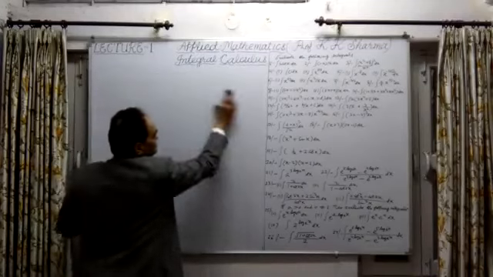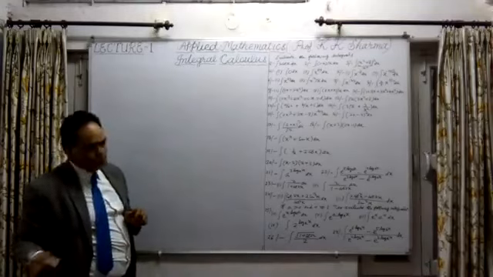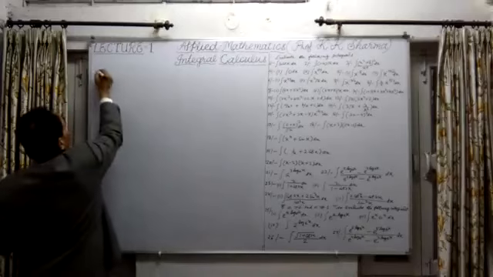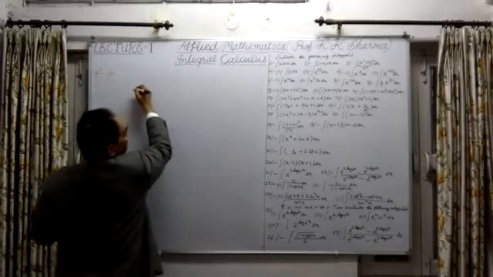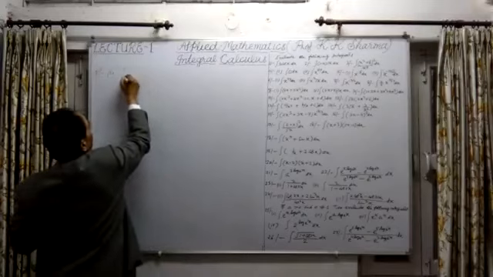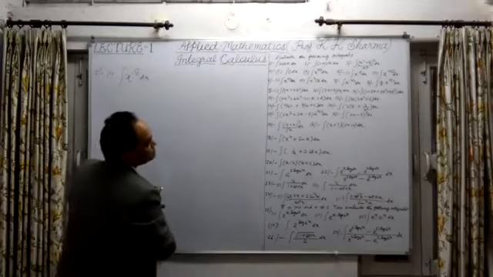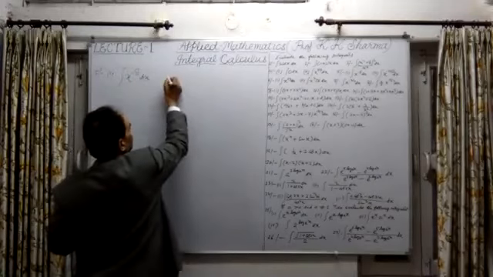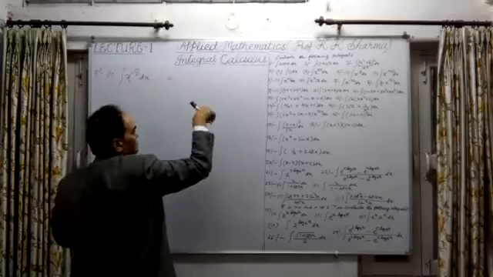Now let me talk about question number 5. The 5th one also has two parts. The first part says the integral of x raised to the power minus 8 into dx. Again, we know that the integral of x^n is x raised to the power n plus 1 upon n plus 1.